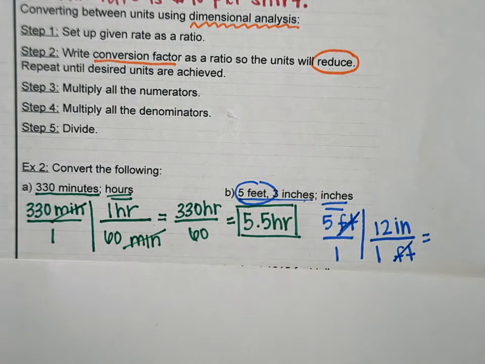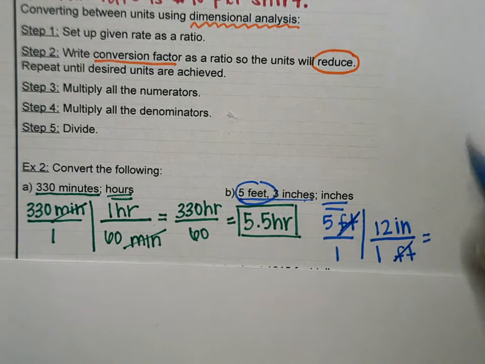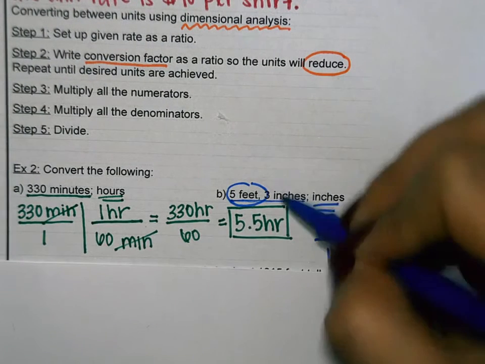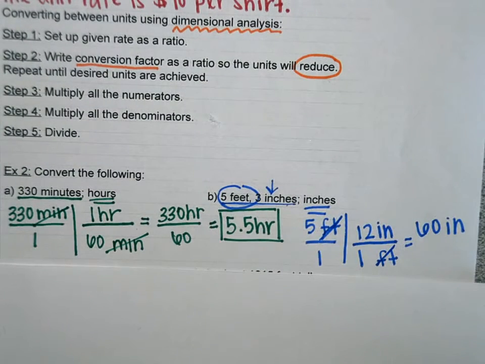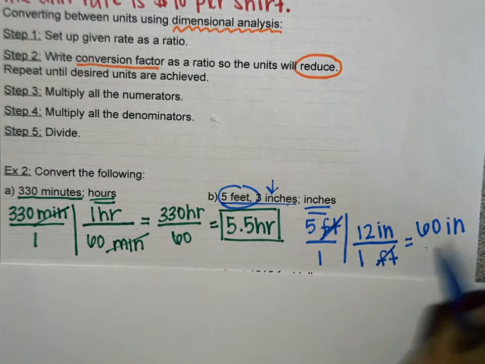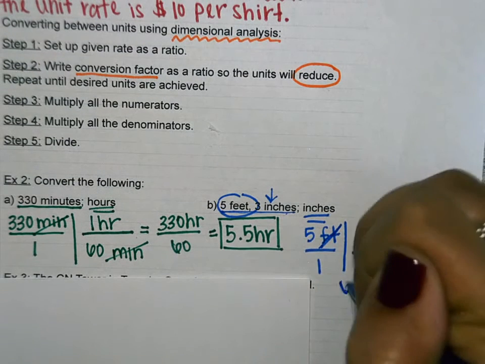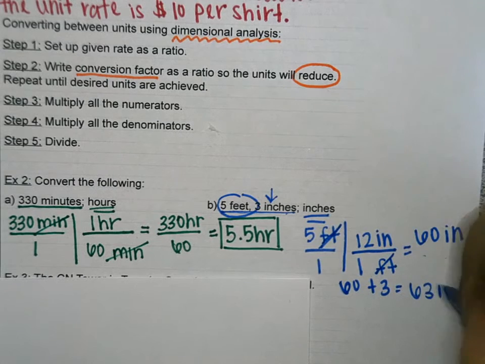Now I multiply straight across. 5 times 12 gives me 60 inches over 1 times 1, which is 1. But I need to remember that they started with 5 feet 3 inches, so to get the total inches, I'm going to add 3. 60 plus 3 equals 63 inches.